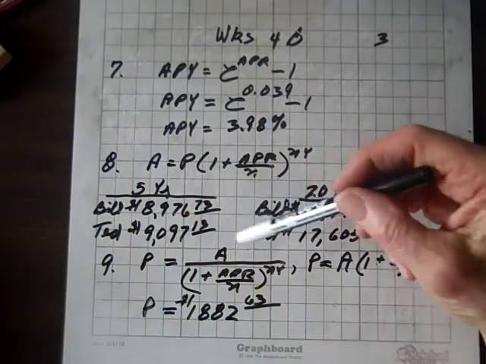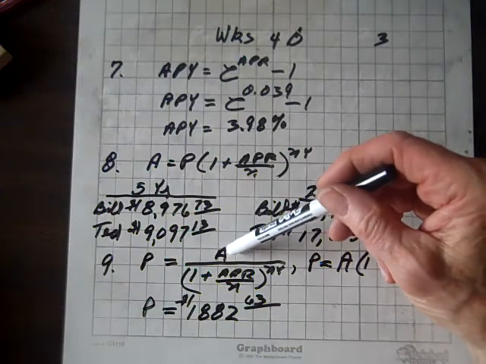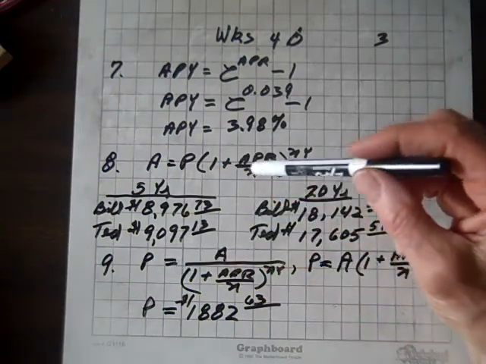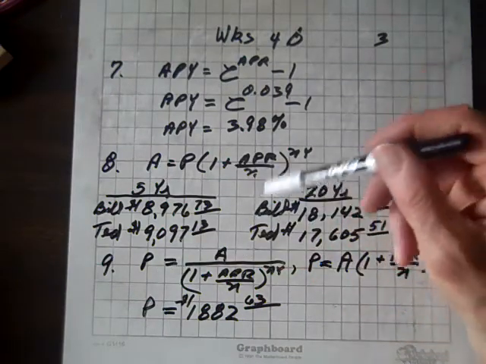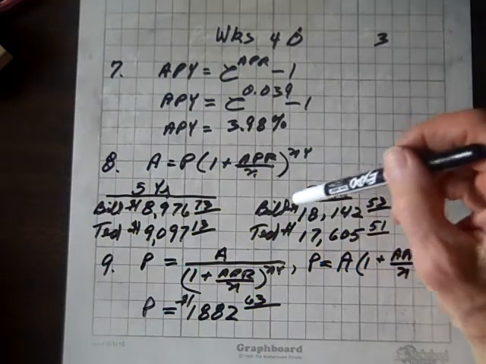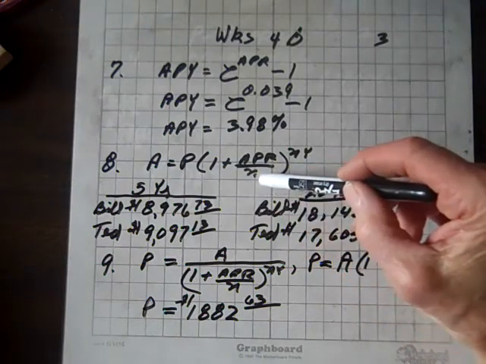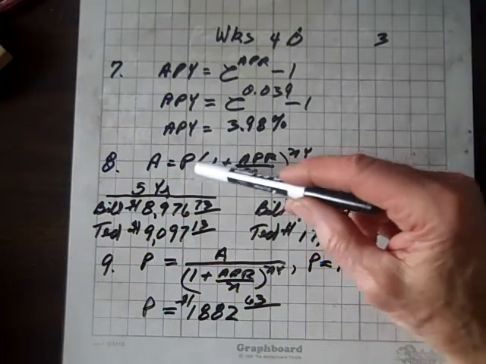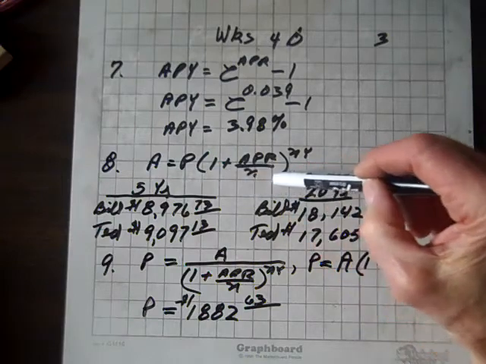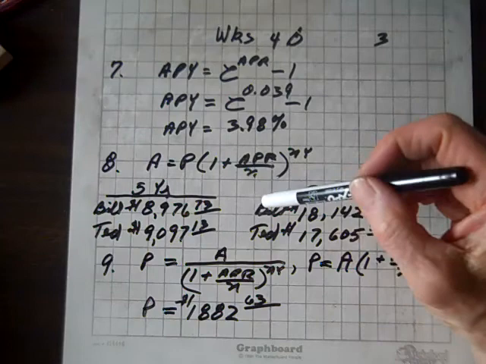Finally, with number 9, we know what the amount is. We don't know what the principal is. So taking this equation right here and solving for P, we would divide by this factor that's on P, divide both sides by that.